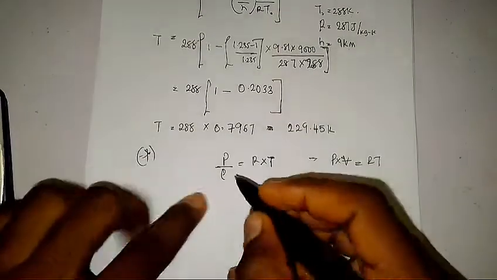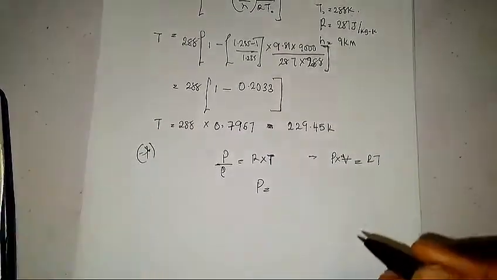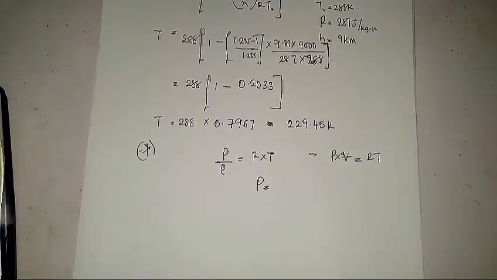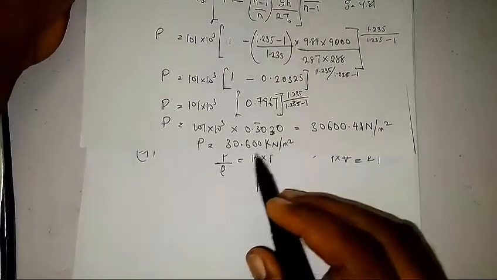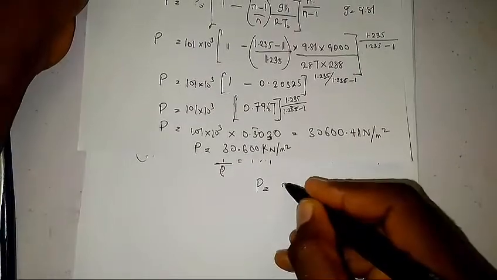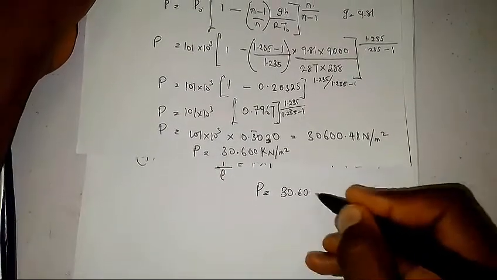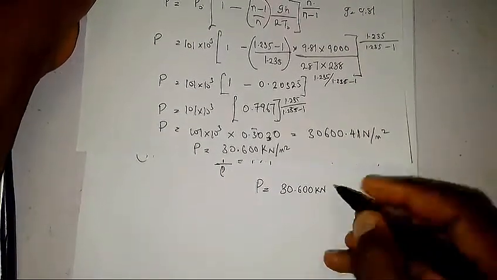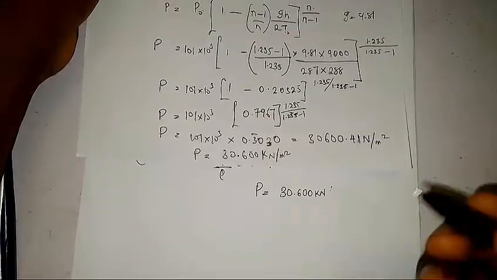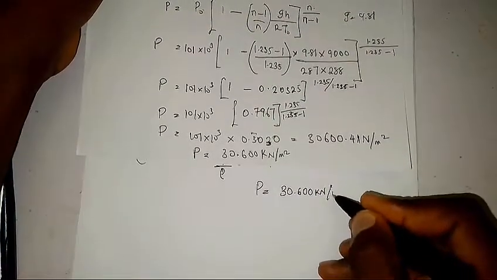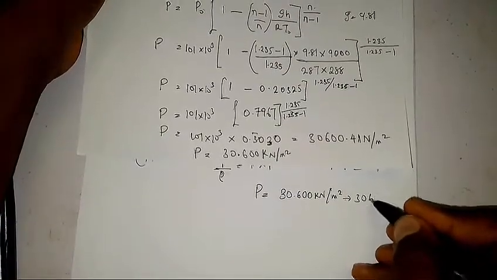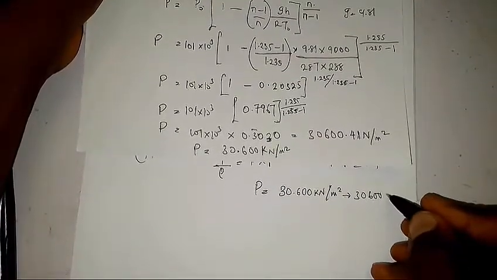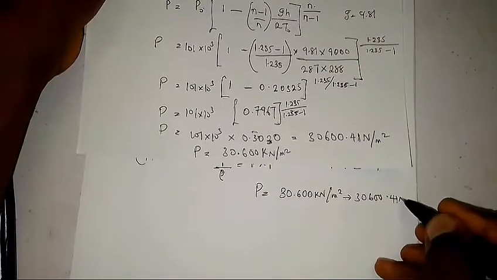So given the pressure at a height of 9,000 meters, which we got as 30.6 kilonewton, 30.600 kilonewton per meter square, or 30,600.41 newton per meter square.